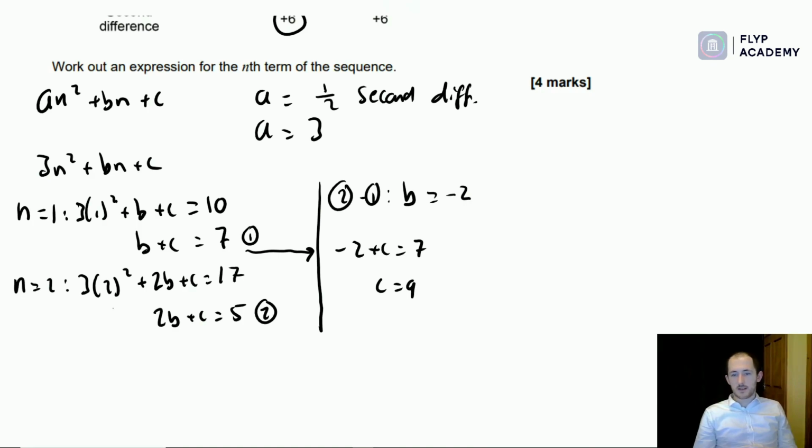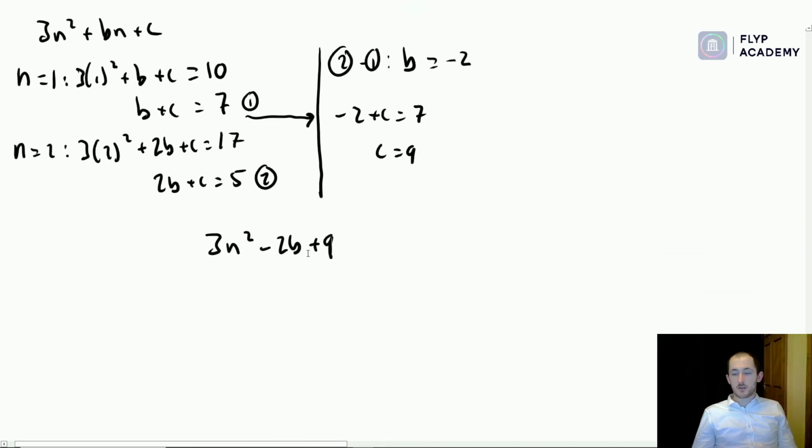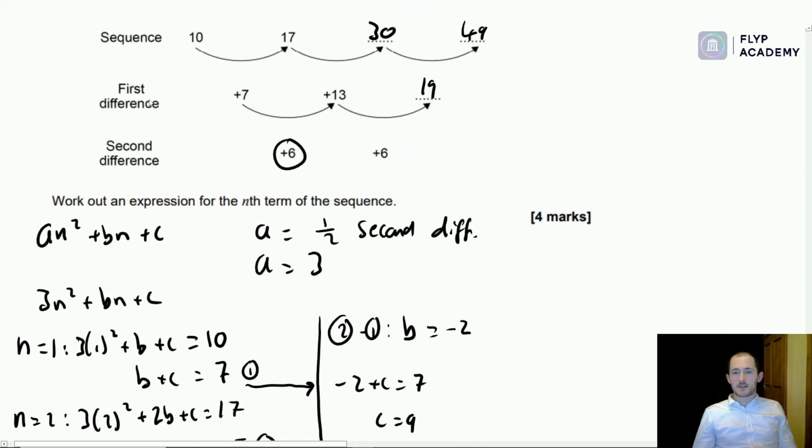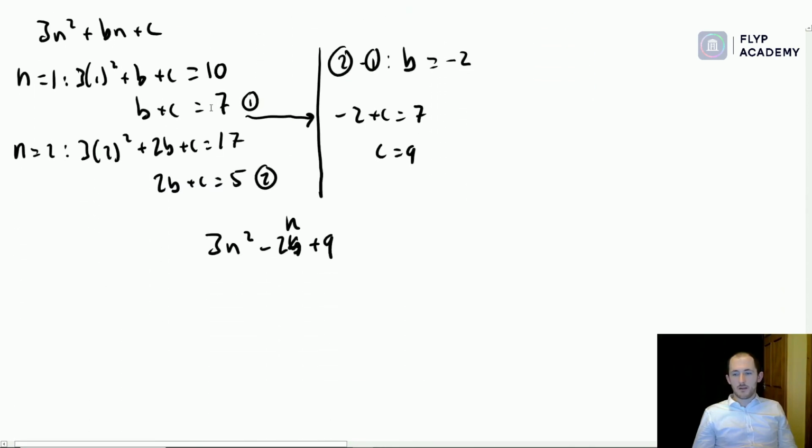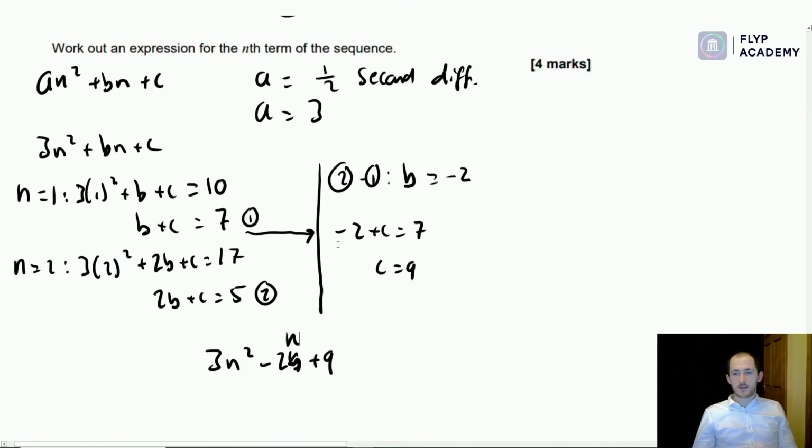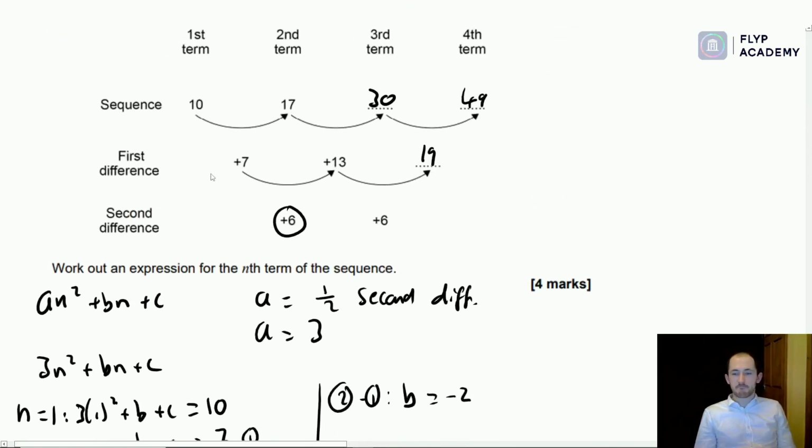So my answer is 3n squared minus 2n plus 9. And you can always check it by subbing in n equals 1 into this. So 3 times 1 is 3, minus 2 is 1, plus 9 is indeed 10. So I'm right. Cool.